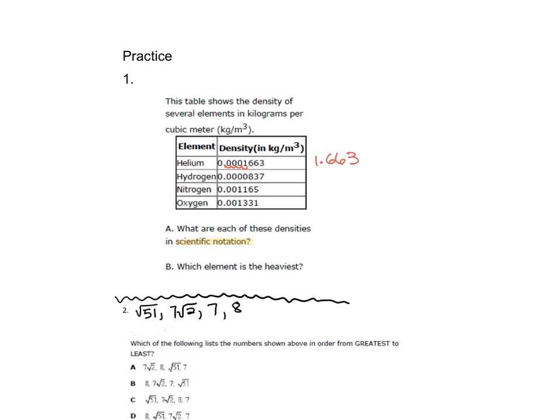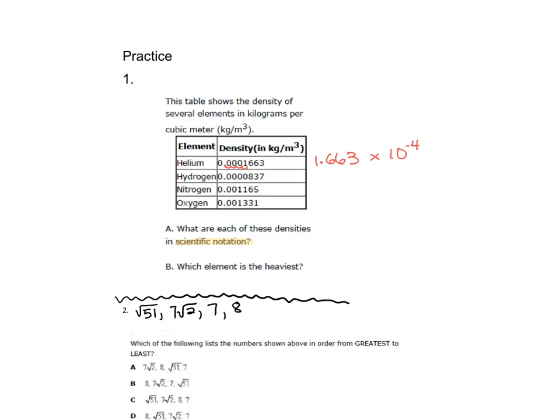We multiply by a power of 10, and we get that power of 10 by our decimal movement. So we moved 1, 2, 3, 4 places, and so it's -4. It's negative because these numbers are less than 1, so our exponent's going to be negative.